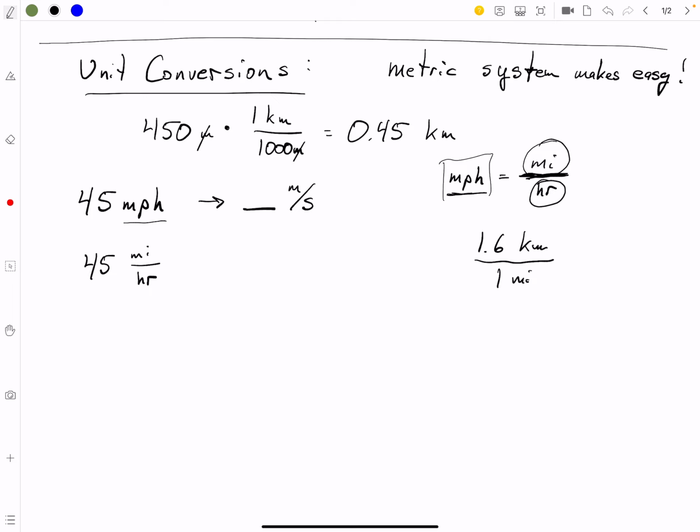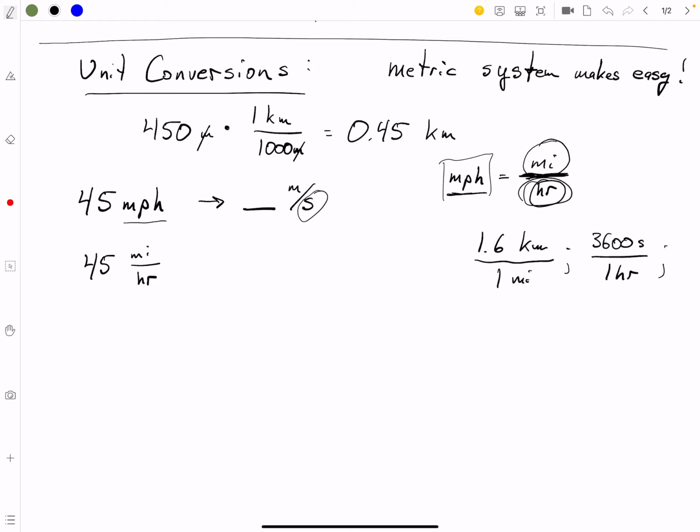We want to know that there are 3,600 seconds per 1 hour, right? Because we're looking for seconds here, and we've got hours here. So we want to know that. Let's put a little mark, they're not equal to each other.